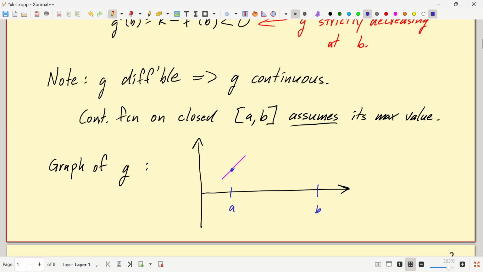And that means that it's strictly increasing for a little bit. That means the max can't possibly occur at A. So A is not the max. And it's strictly decreasing at B. So the slope there, this tangent, is strictly negative here. And so over here, it's decreasing into B. And so we see also that B can't be the max.